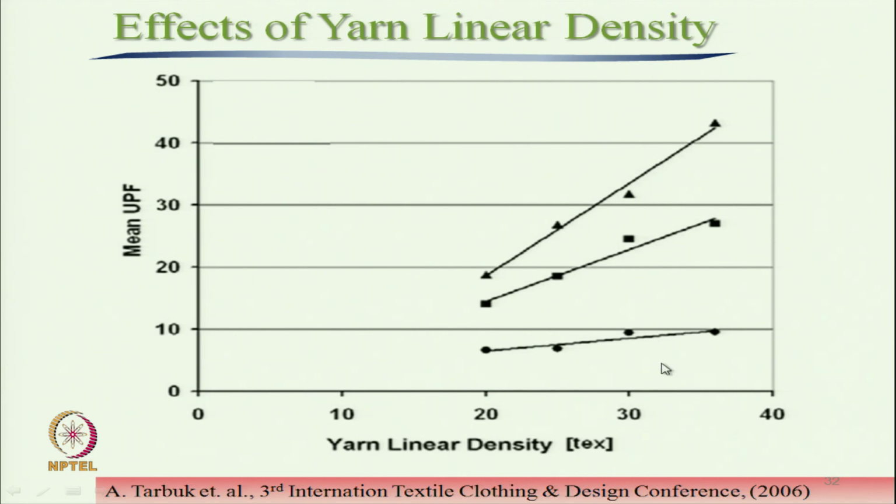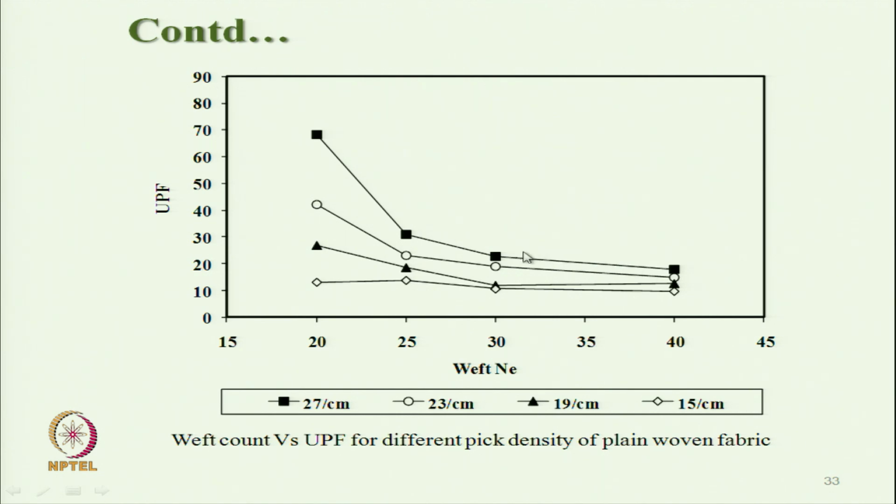So, if we keep the fabric constructional parameters the same, a higher yarn linear density, higher tex of yarn, means it is coarser yarn, that means the mean openness of fabric will reduce, at the same time the effective thickness of the fabric will increase. So, this will effectively increase the UPF value. This figure also shows the similar trend.